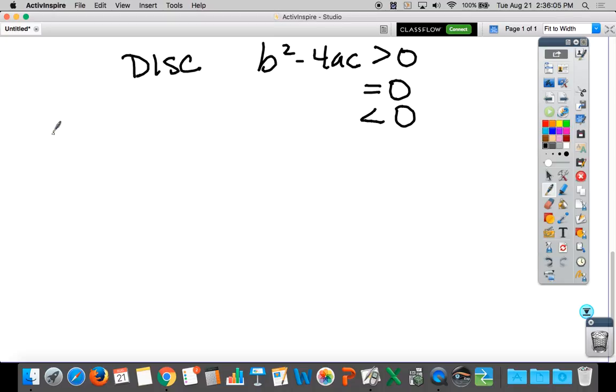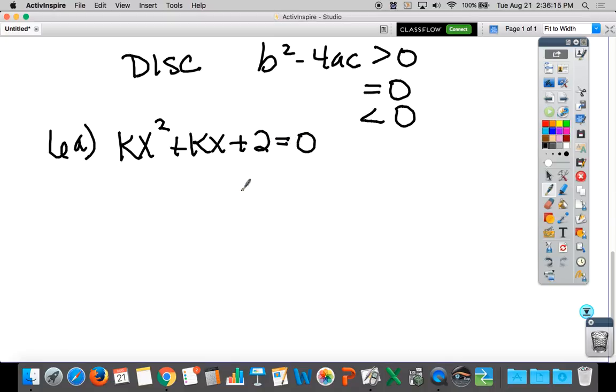So let's look at 6a. We've got kx squared plus kx plus 2 equals 0. And they said in 6, find the values of k for which the following equations have 2 separate roots. So which one of these am I using? Greater than.